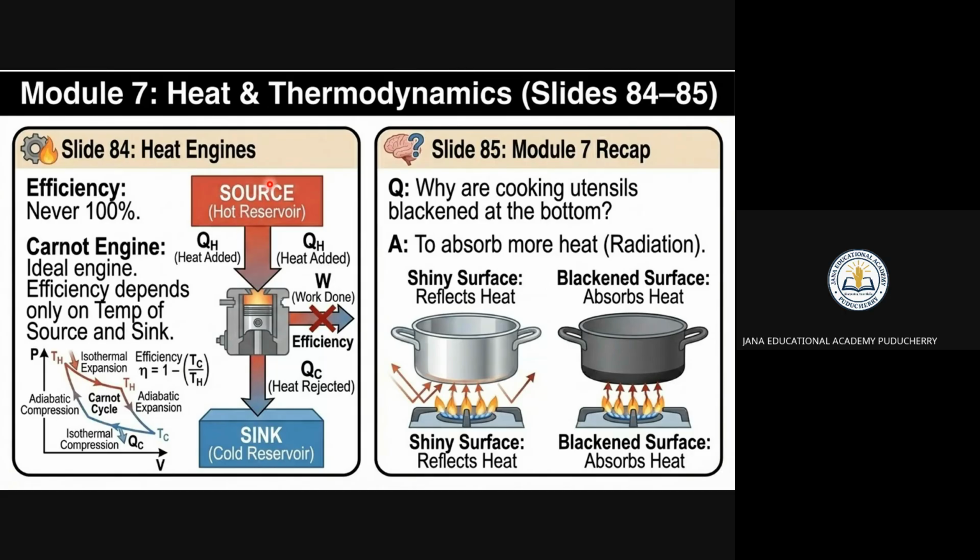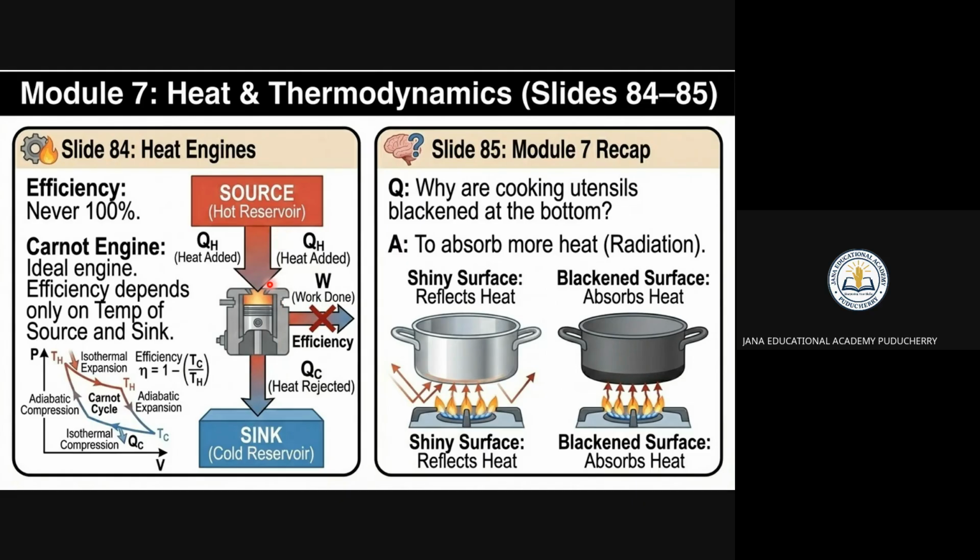You can see here the hot source, the hot reservoir, and this one is the cold reservoir, right? The hot reservoir is going to supply heat. Here the working substance is the gas, steam, which is used to convert the hot energy to work done. After the work is completed, the remaining heat gets rejected in the cold reservoir. QC is nothing but the cold heat, and QH is nothing but the heat from the hot reservoir.